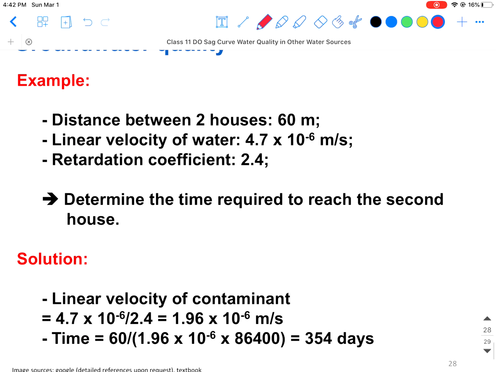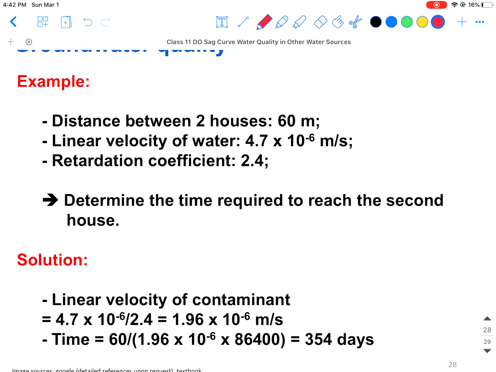So we can go through a simple example here. Let's say that there are two houses, right? One house is emitting some contaminants into the groundwater. Okay, so the linear velocity of the water is 4.7 multiplied by 10 to the minus 6 meters per second. The retardation coefficient is 2.4. So because of these two parameters, we can calculate the linear velocity of the contaminant.